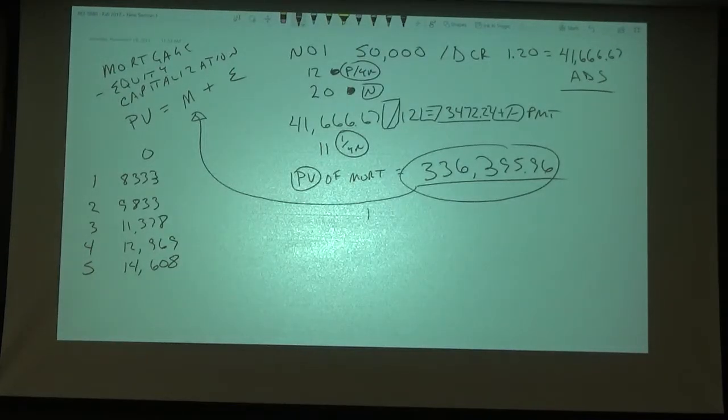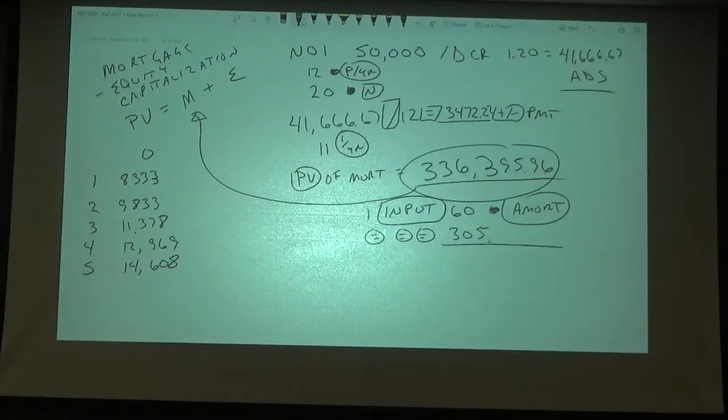So if you go back up here, you're going to have to do the 1 input, 60, shift, amortize, equal, equal, equal, and what you should get as the mortgage balance is around $305,495, roughly. Okay?